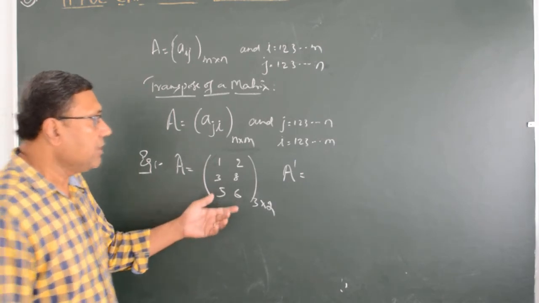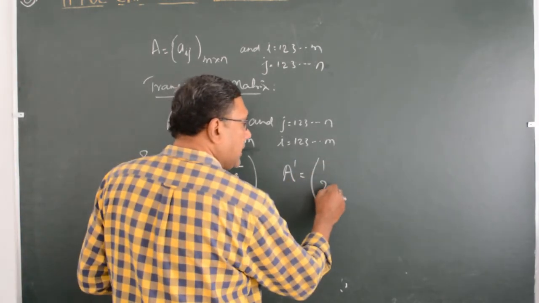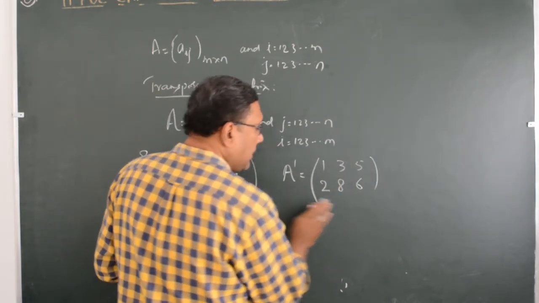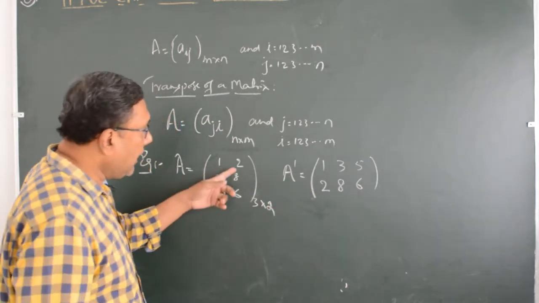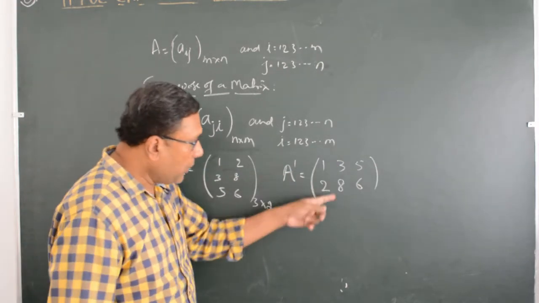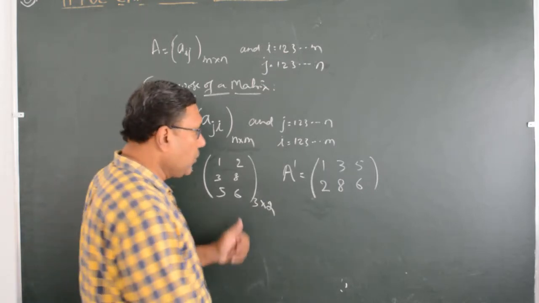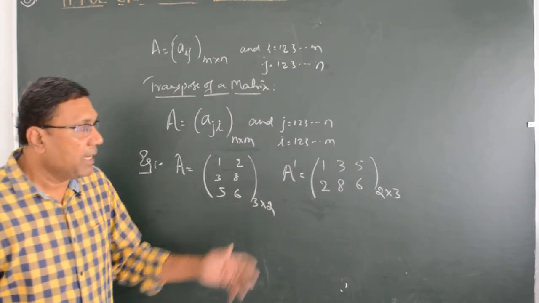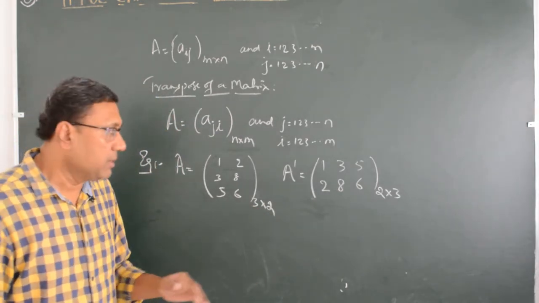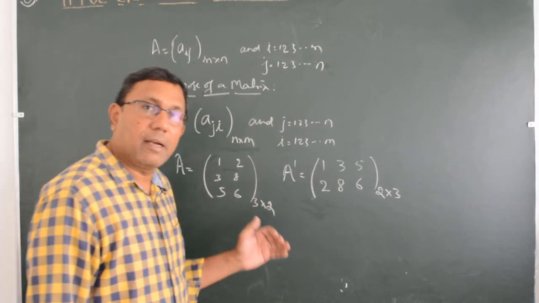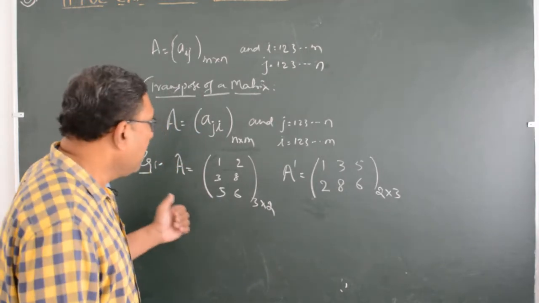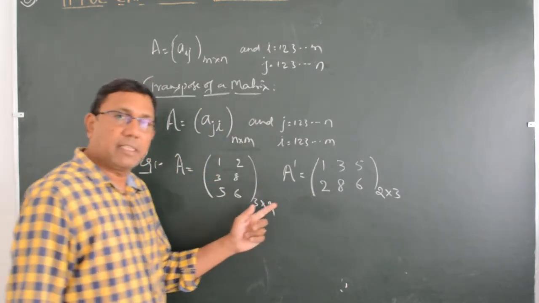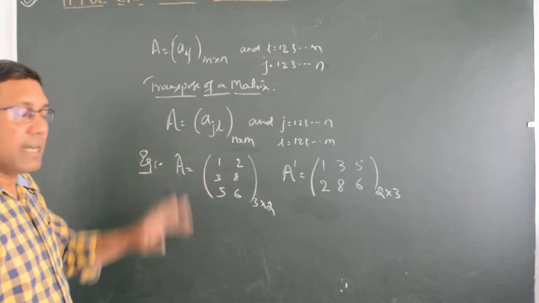I will write the rows as columns here, 3, 8 and 5, 6. Please note that I have interchanged each entire row into a column. So naturally this matrix has changed its order to 2 rows and 3 columns. The method is called the transpose of a matrix. We have an original matrix here and we have a transpose matrix here. This is how we define the transpose of a matrix.